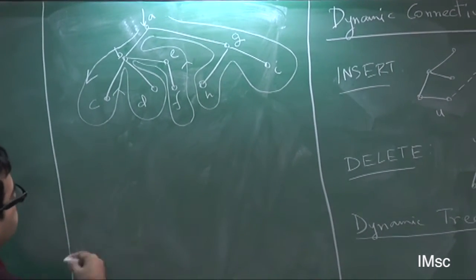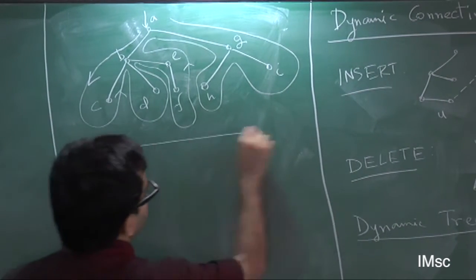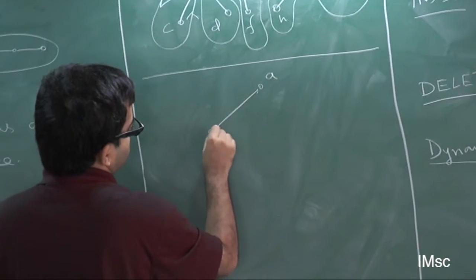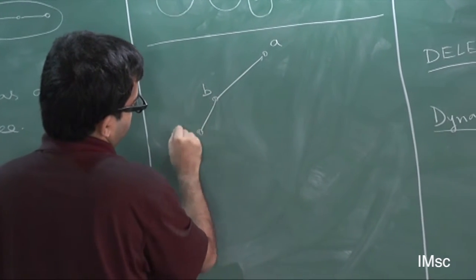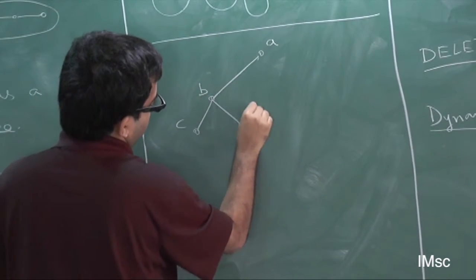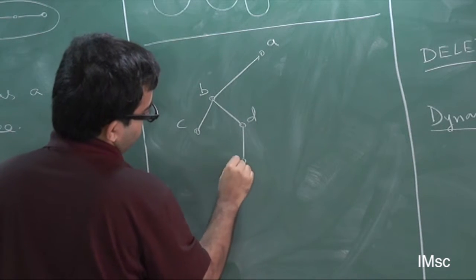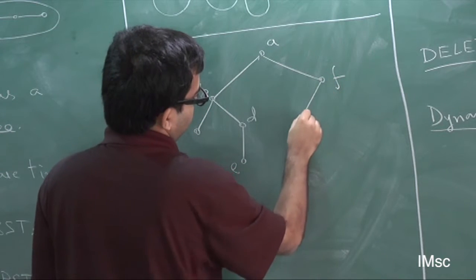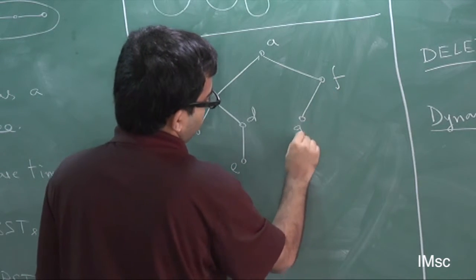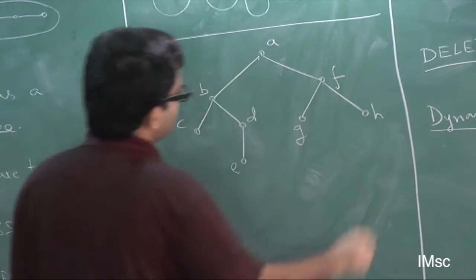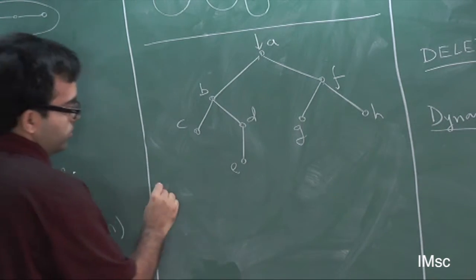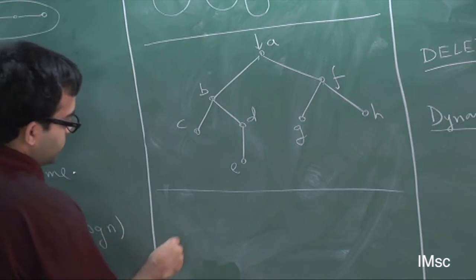So, for example, let me just draw one other random tree that is easy. A, say B, C, D, E, let us suppose this is the tree. If you root it at A, what will be an Euler tour? An Euler tour will look like this.